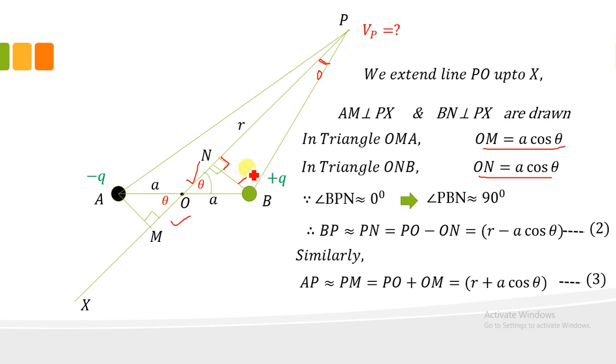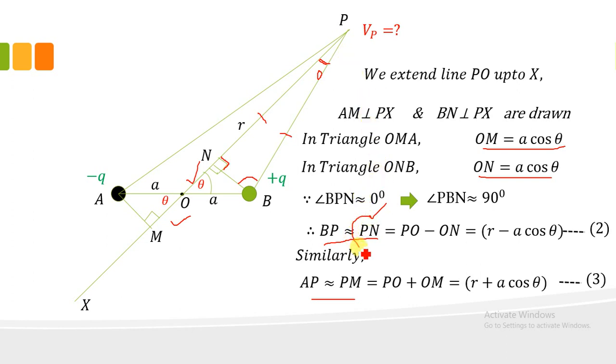So it becomes an isosceles triangle where the side BP is nearly equal to NP or PN. So BP is nearly equal to PN. Similarly, AP is nearly equal to PM.